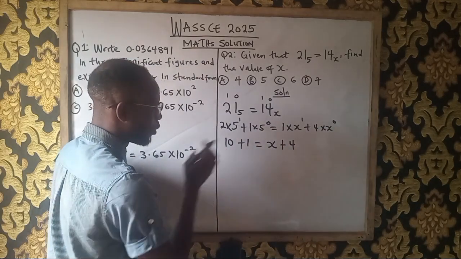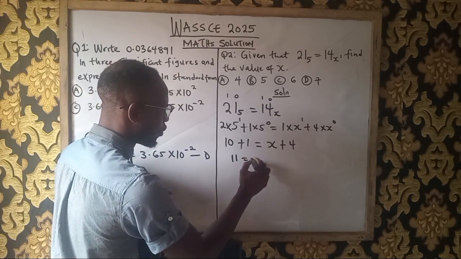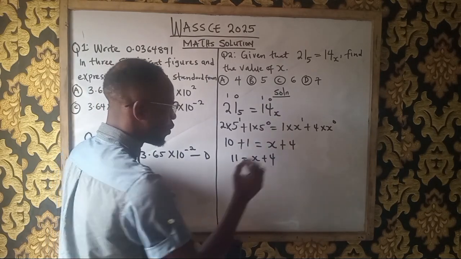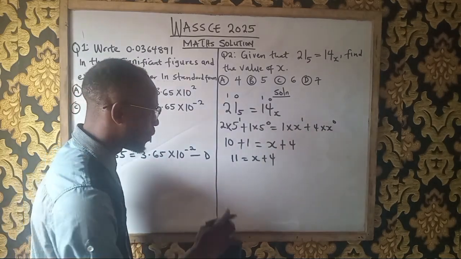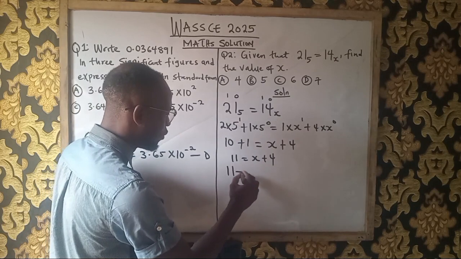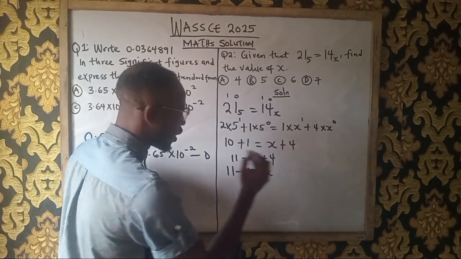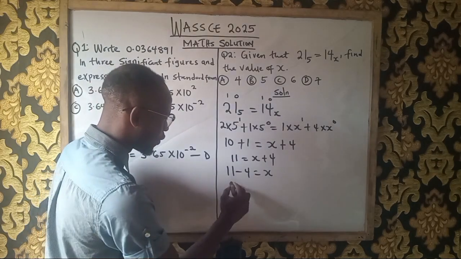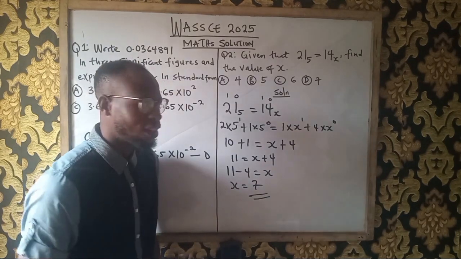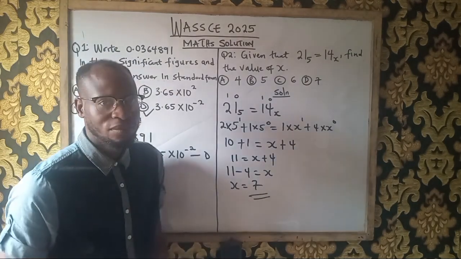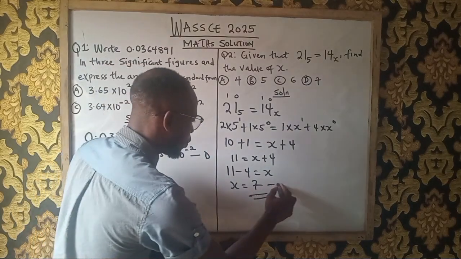So 10 plus 1 gives us 11, equals x plus 4. Now this is a linear equation, so what we do is collect like terms. We are going to have 11 minus 4 is equal to x. 11 minus 4 will give us 7. So the value of x in this case is equal to 7. That is also option D.